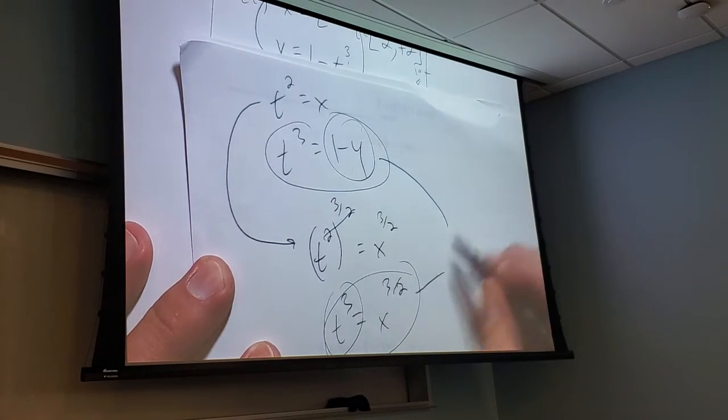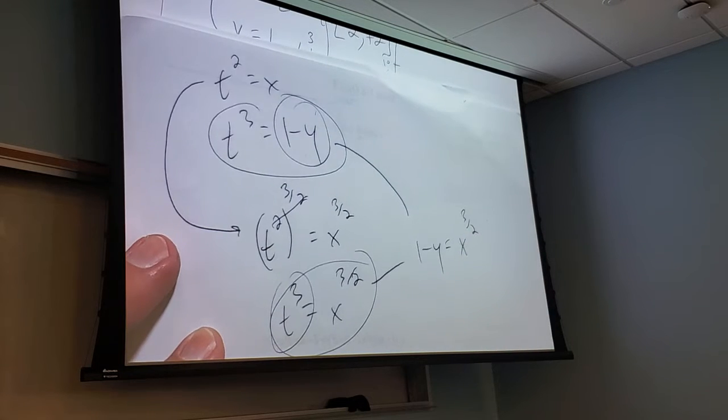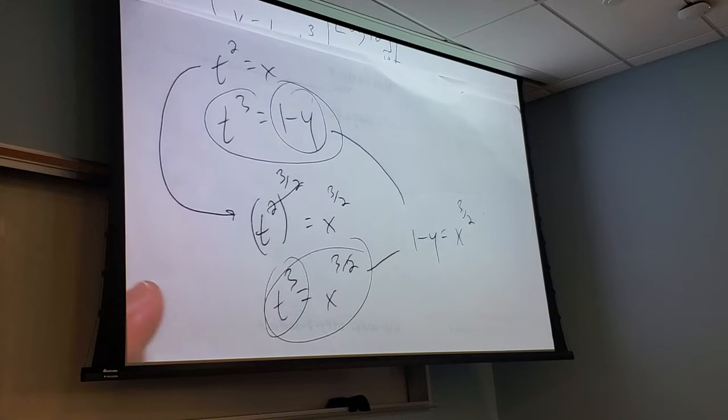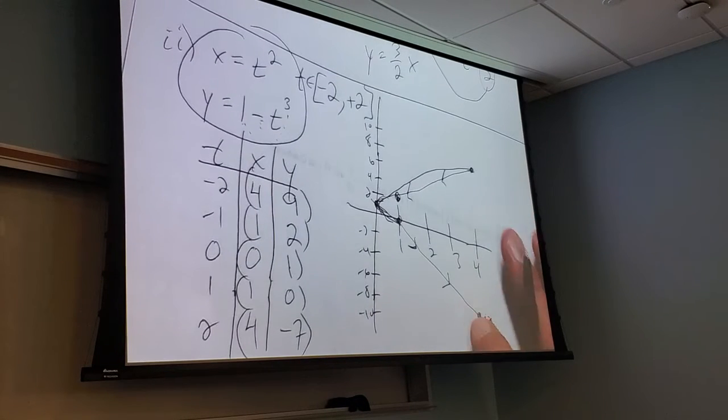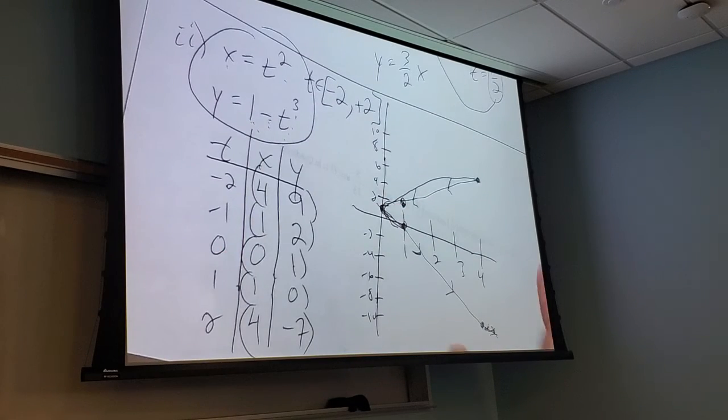So isn't 1 minus y equal to x to the 3/2? So getting rid of the letter t is sometimes a little tricky. That's one example where it's a little bit tricky. I could just take a square root here and plug it in, but I just want to show you a different way to do it.